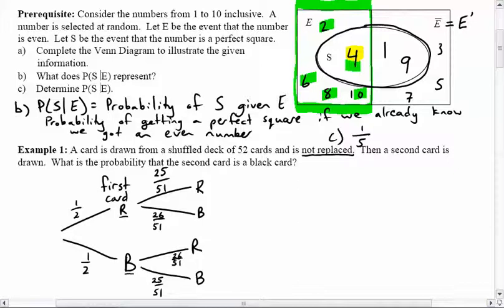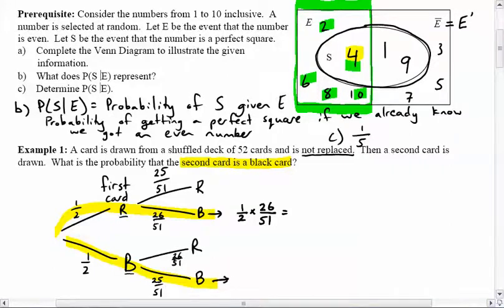So there's two ways that we could get the second card being a black card. And that's if we follow this branch of the tree or this branch of the tree. Now when you're following a tree, to find the probability that the first card's red and the second one's black, those two events are independent. Or not independent, but we can use the formula that we learned last time and just multiply the branches on the tree, and that gives us the total probability for this branch.